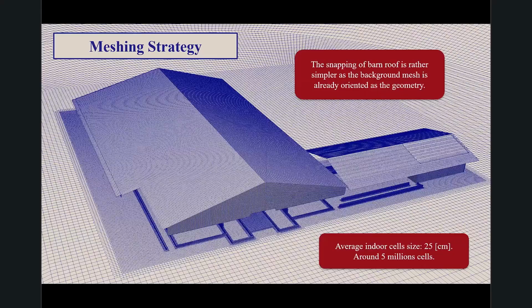Indeed, we are also considering this building here that is next to the main body of the barn. Of course, we should have included other buildings, trees, and so on. But we aim to have the minimum computational effort possible in order to make it accessible for industry.